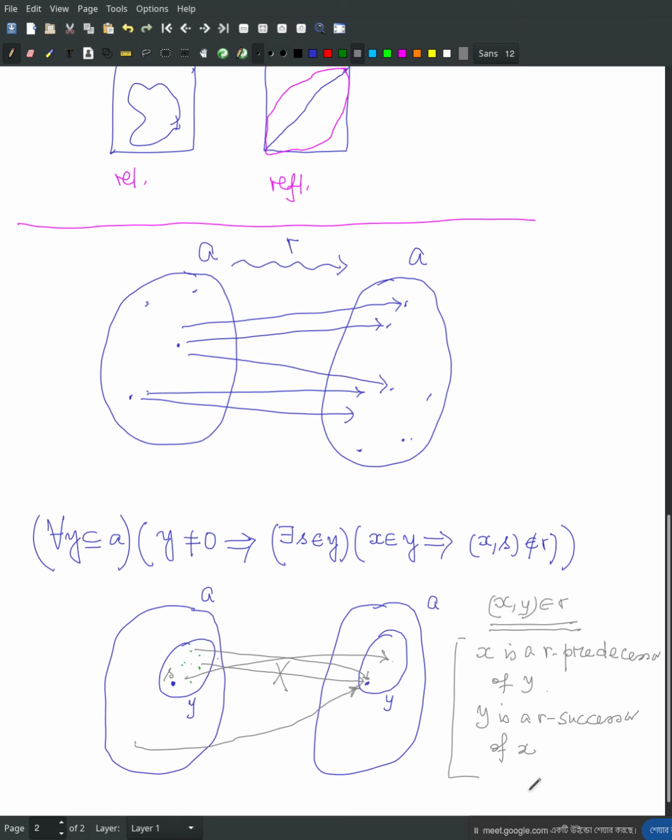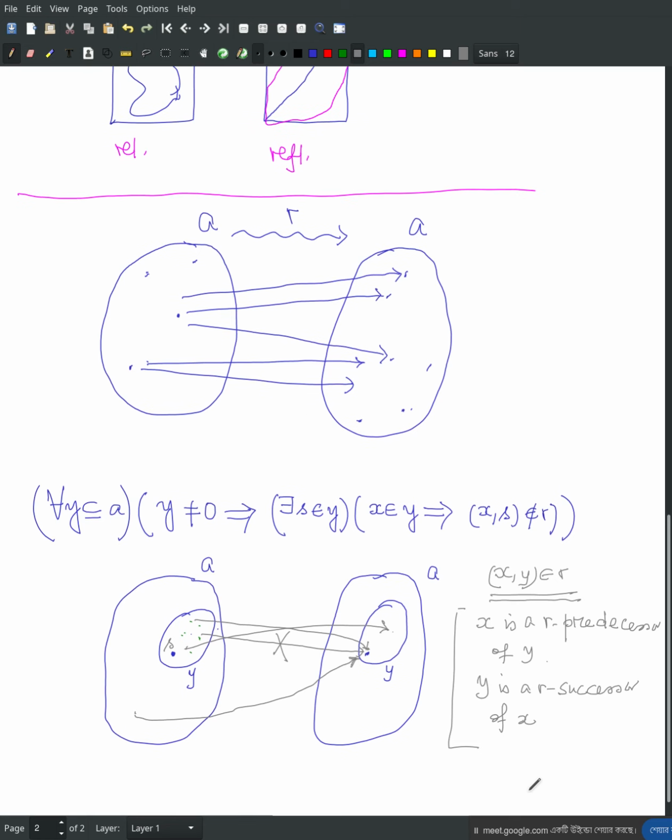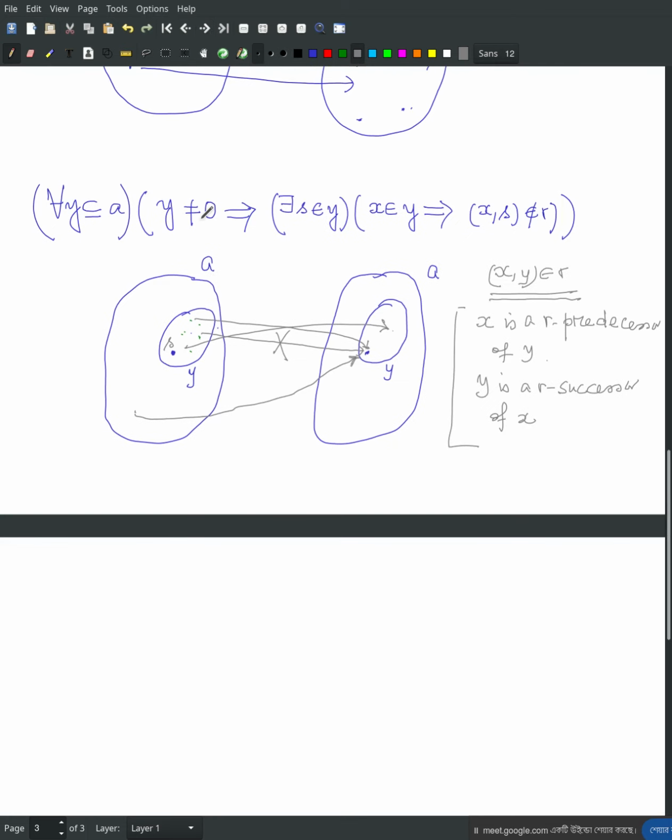It becomes a little clearer if we look into a solid example. Natural numbers. Take its usual order.